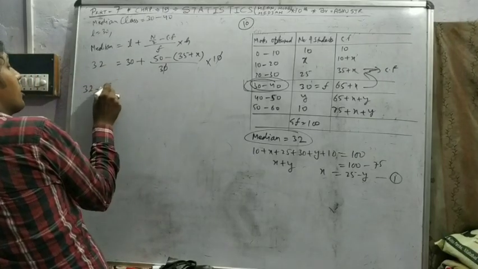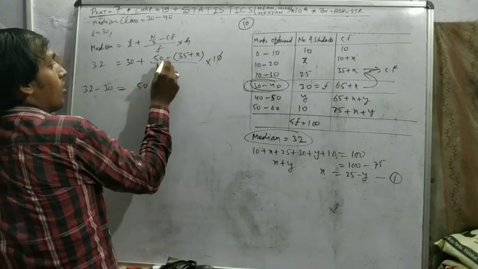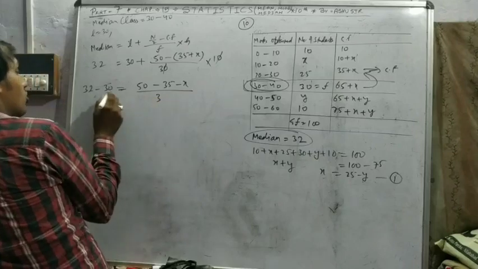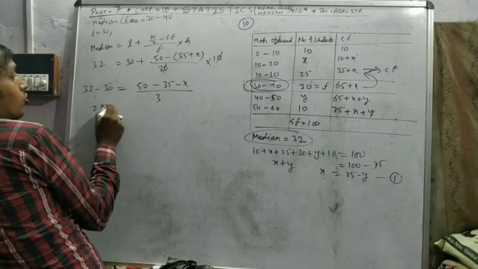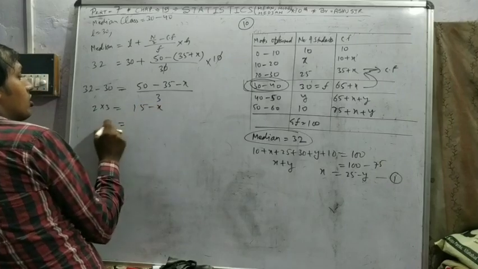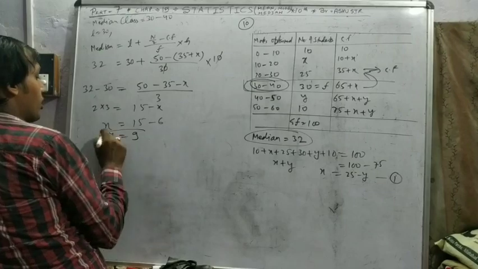So 32 minus 30, sent to the opposite side, is (50 minus 35 minus x) upon 3. Cross multiply: 2 into 3 equals 15 minus x. So x is equal to 15 minus 6, x is equal to 9.